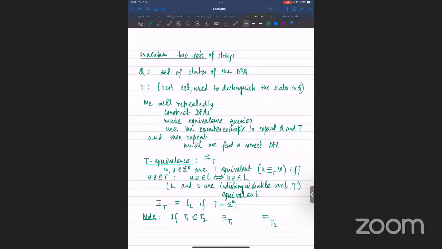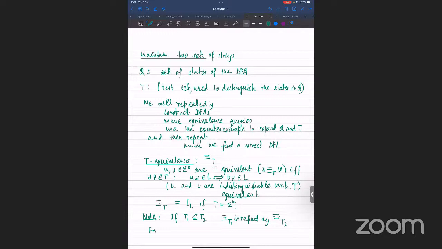T2 will be a refinement, right? So T1 is refined by T2.